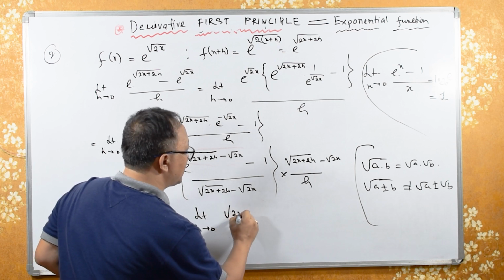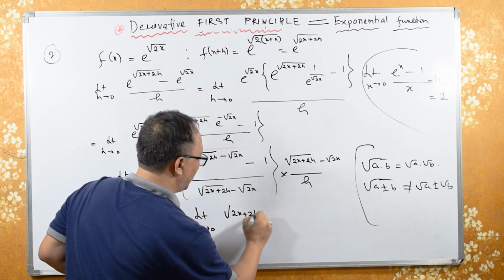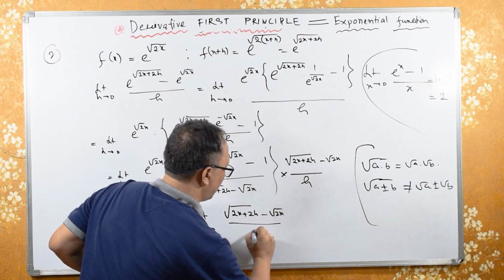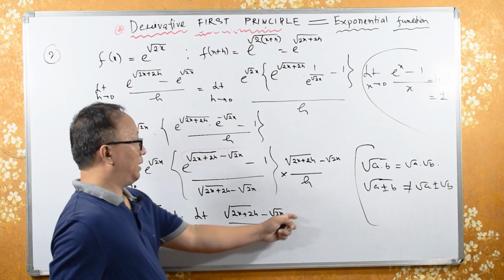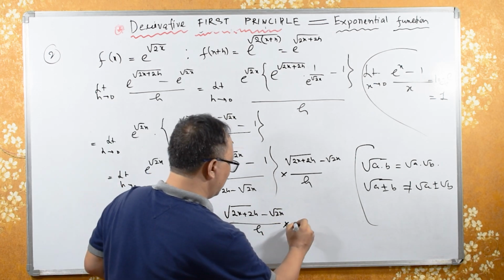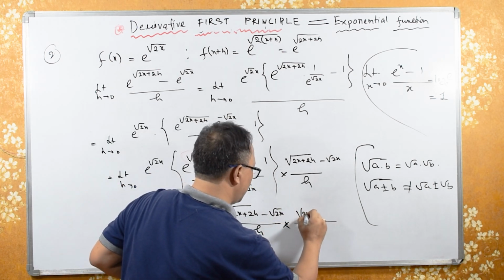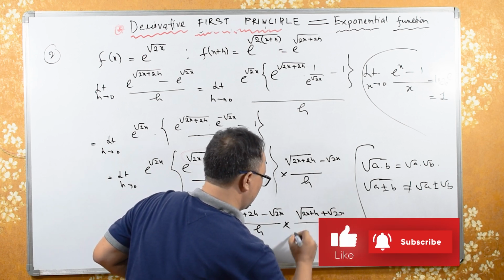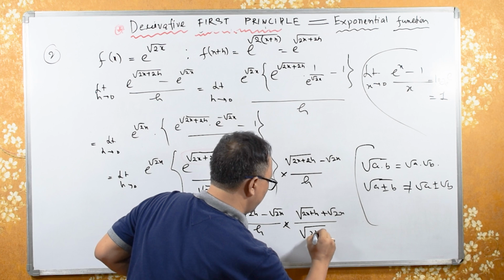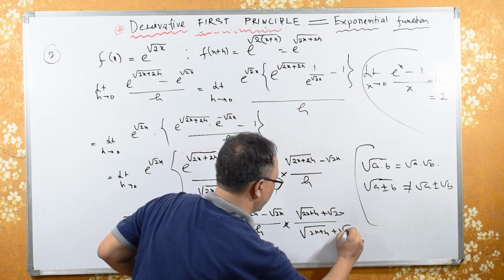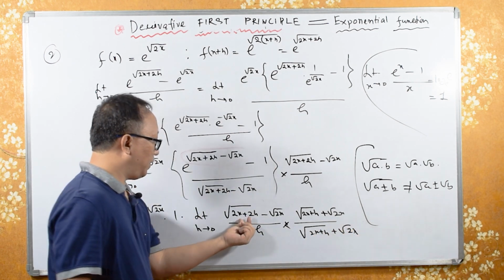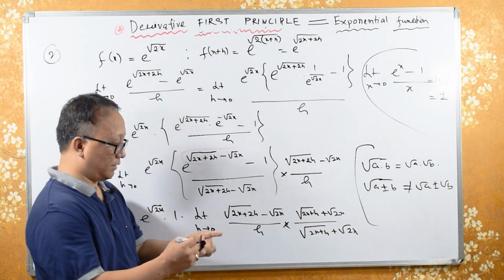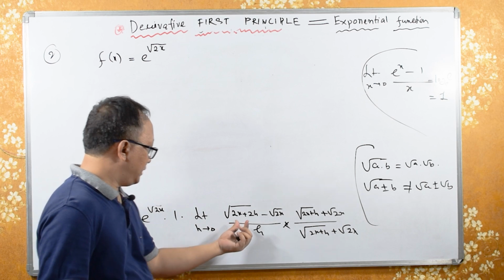Square root of twice x plus 2h minus root 2x upon h into plus up and down, okay, into square root of twice x plus h plus root 2x upon square root of twice x plus h plus root 2x. Okay, here it is of the form a minus b into a plus b, which gives a square minus b square. Okay, now it is of the form here.